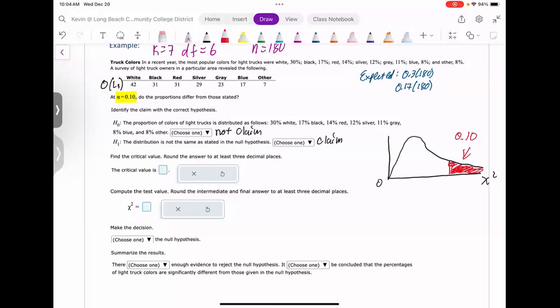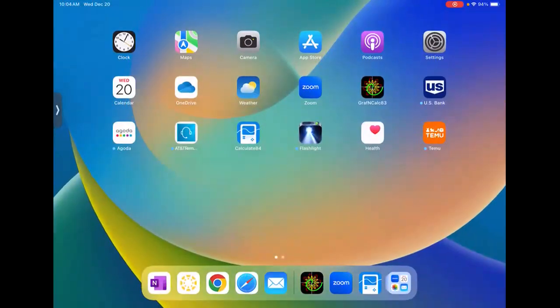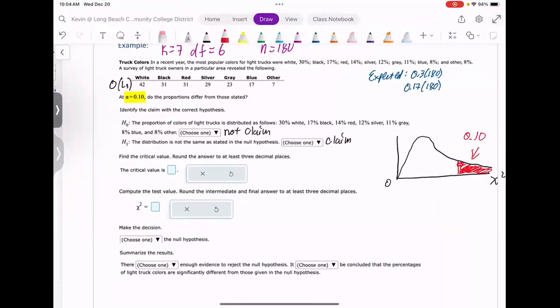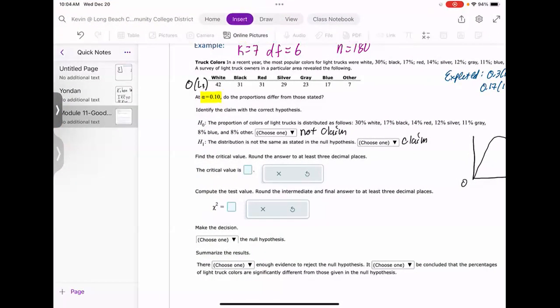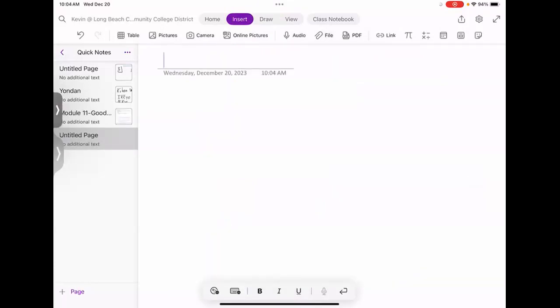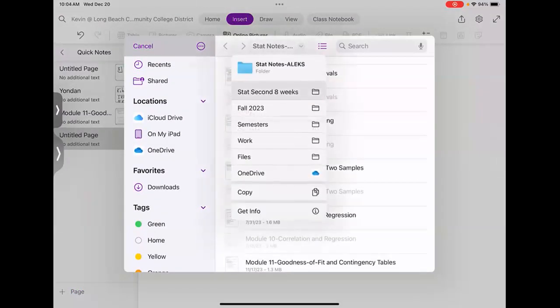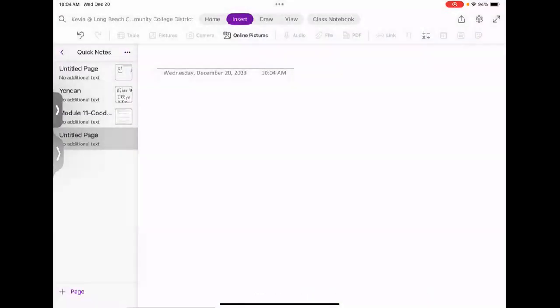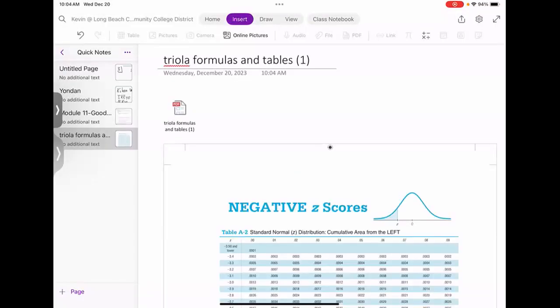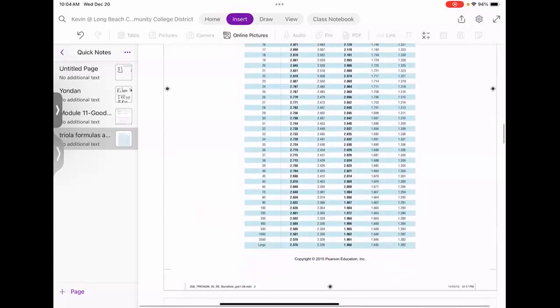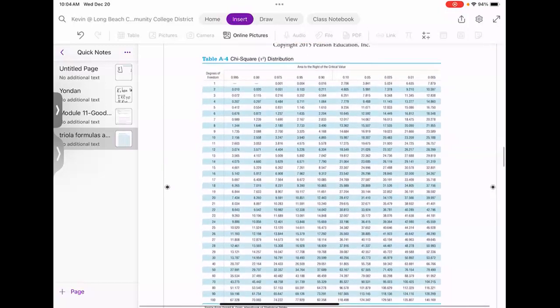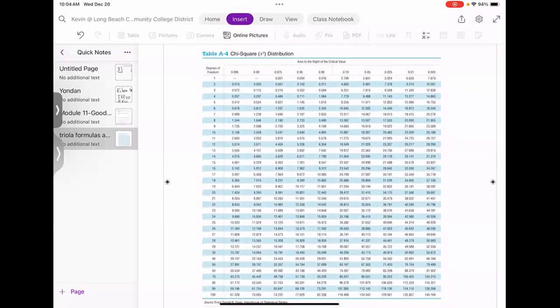And we need our table and formulas for this one. And we need our chi-squared distribution. There it is. Remember, this area to the right, so it's 0.10.